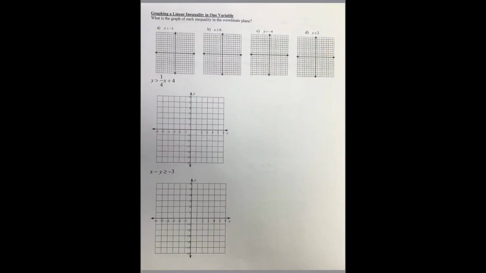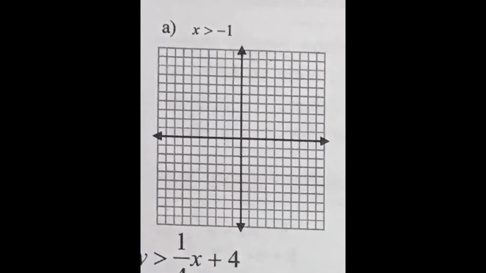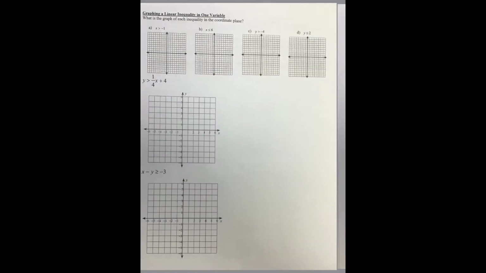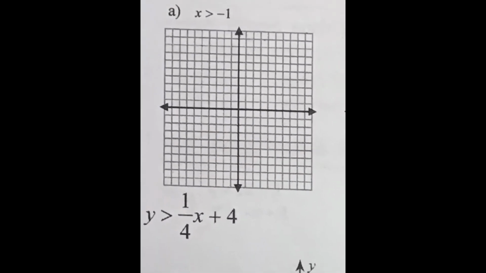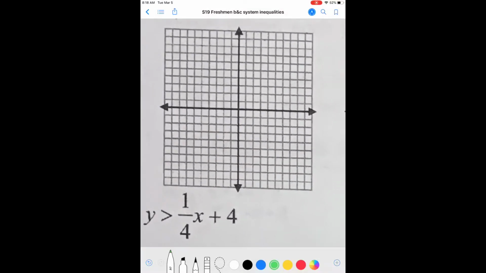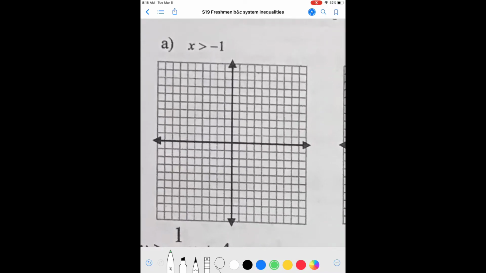So now I'm going to skip over a little bit to this one. If we wanted to graph this one, you may want to take time to think about it being just x equals -1 to try to visualize what the line would be if it wasn't an inequality.